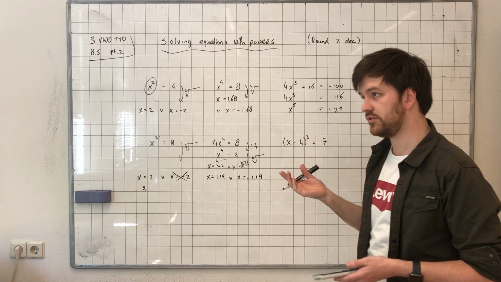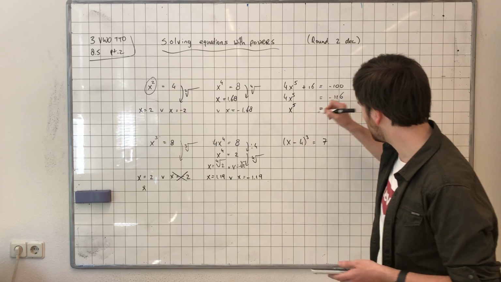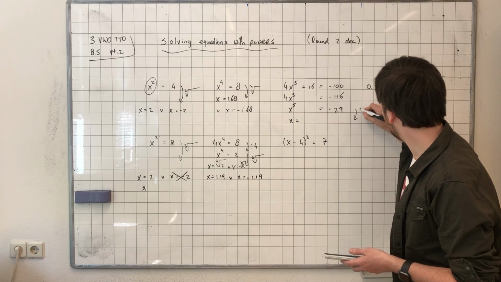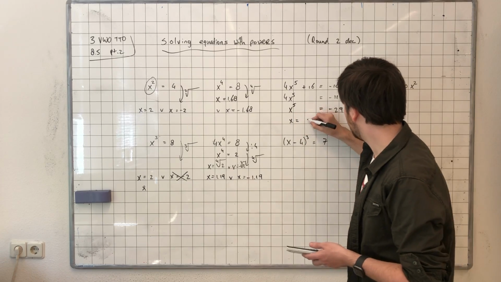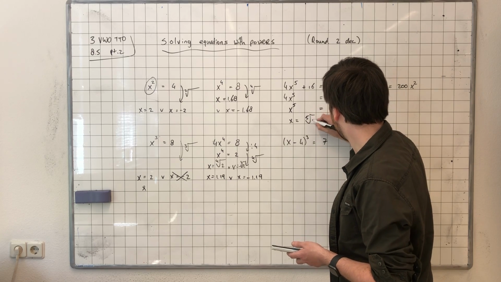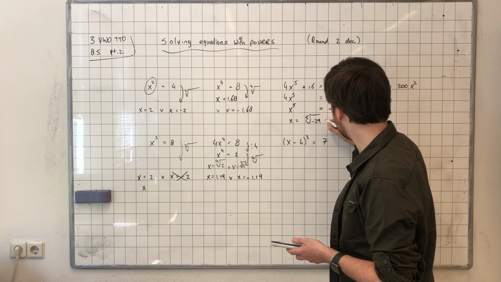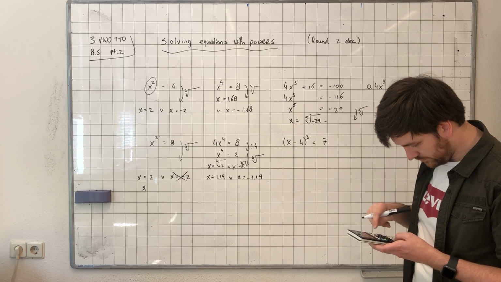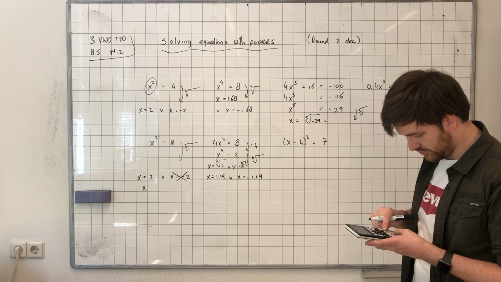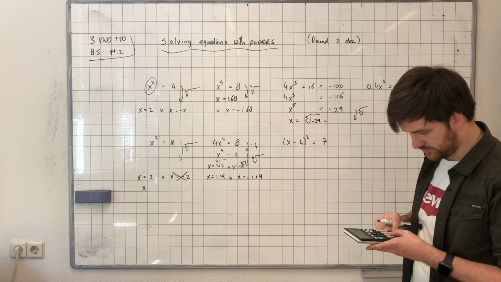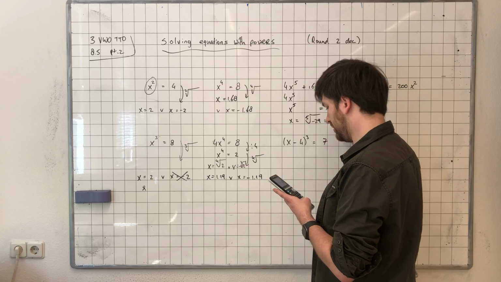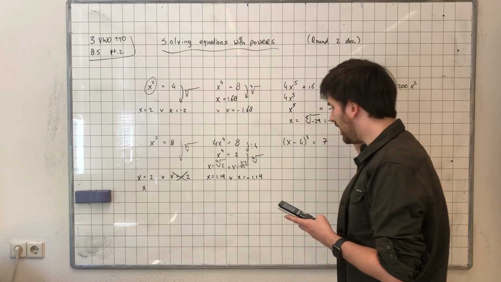And if you write no answer right now, it's incorrect, because if you try to take the 5th root of minus 29, you'll find minus 1.96.